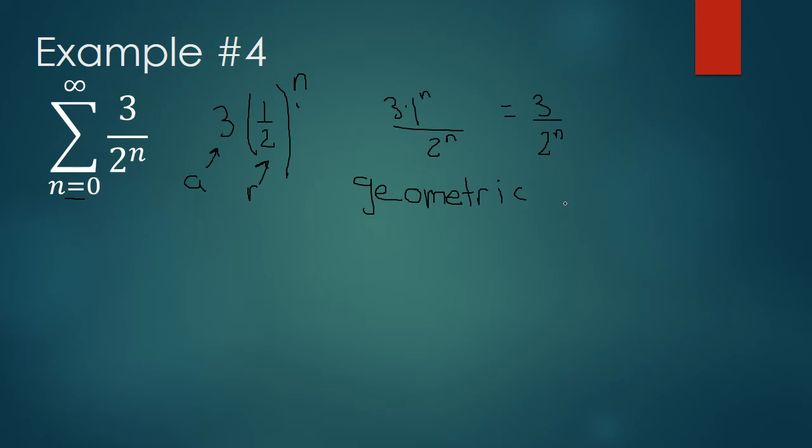Once I recognize that it's a geometric series, I can use the geometric series test. And the geometric series test tells me to look at R. So R is 1/2. And then I need to ask myself, how does R relate to 1? Well, 1/2 is less than 1. So if R is less than 1, we know that the series converges.